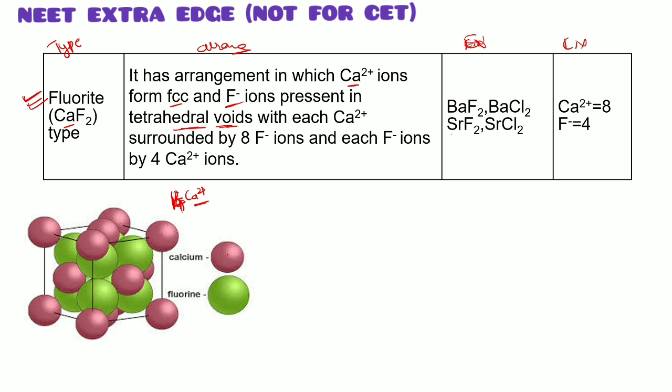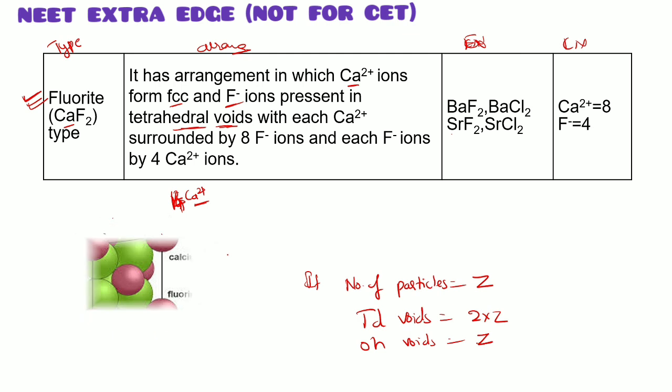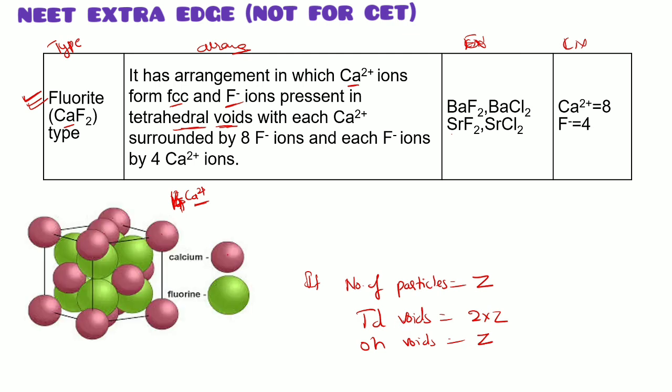One thing I will tell you here only. Remember, if the number of particles is equal to Z, then the tetrahedral voids are equal to 2Z, and the octahedral voids are equal to 1, that is nothing but equal to Z. Remember this, right?